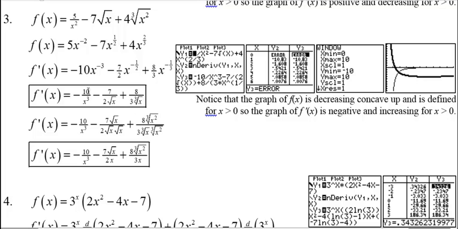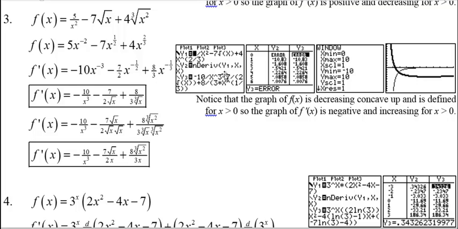That's filling up a 5. So 5 over x squared minus 7 square root of x plus 4 times x to the power 2/3. Let y2 be the numerical derivative of y1. Let y3 be our answer, which I'm going to have to do part of it in probably some fraction exponents here, but do as much of it as I can, like I did that first boxed answer there.